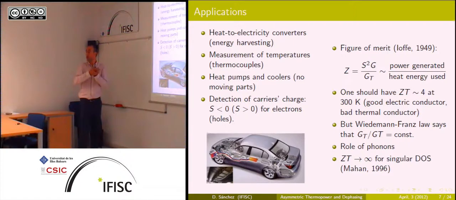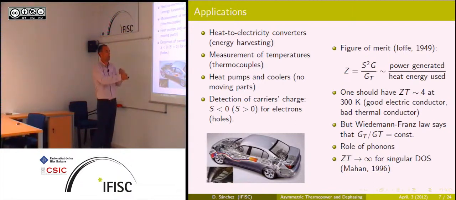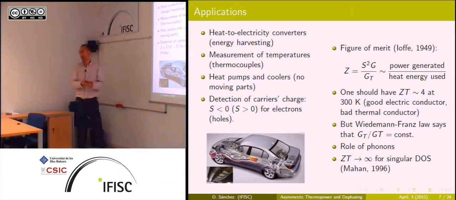So there is no physical reason why this ZT should be bounded from above. It should be bounded from below due to some thermodynamic arguments, but from above there is no reason why there should be no system with a big ZT, with a big figure of merit.